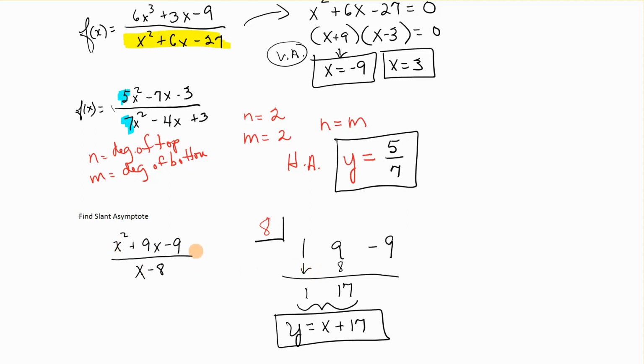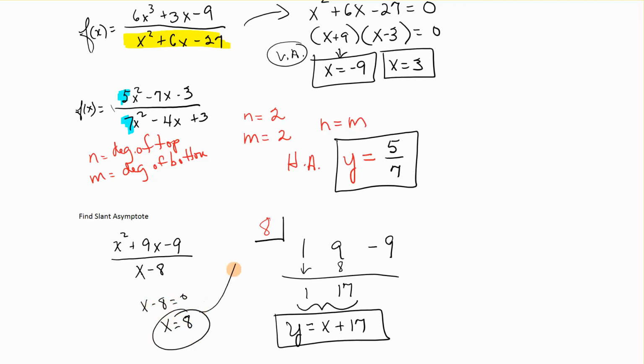If you have to find a slant asymptote, and it would tell you that, you're going to actually do the division. You're going to divide this by this. We can use synthetic division, and you should have had that in algebra, where we use the coefficients 1, 9, negative 9, and we're going to divide by 8. Remember that we changed the sign of this, because when you set that equal to 0, x equals 8.